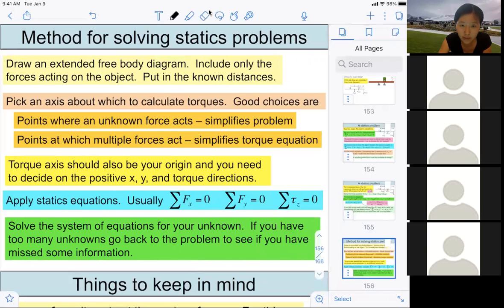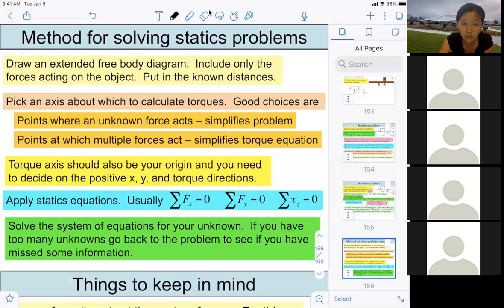We call it an extended free body diagram. And then we also have to label the distances, because when we do the torque, the distance matters. And then when you set up the torque equation, you need to pick an axis about which you want to calculate your torque, right? You're saying, okay, torque is a rotation relative to what point. You have to pick a point.